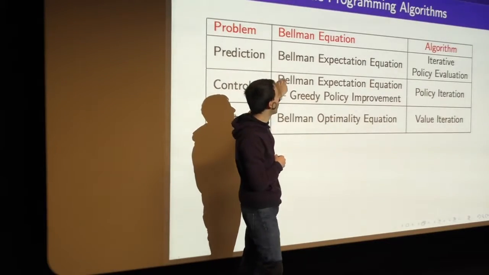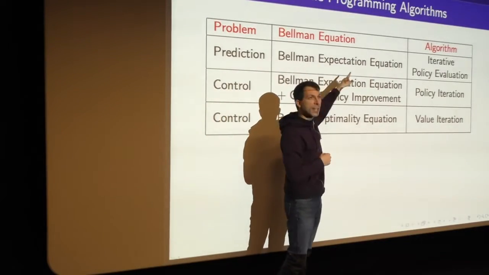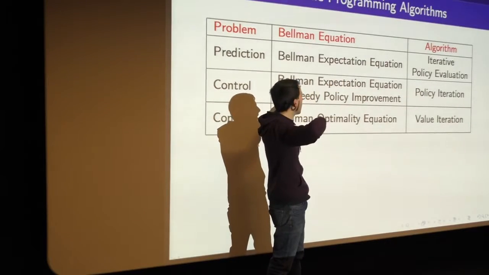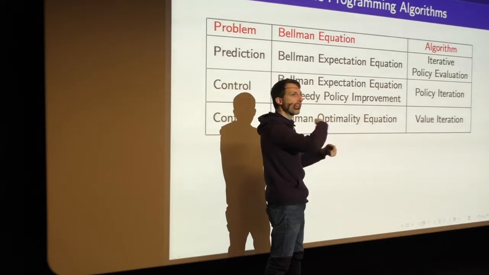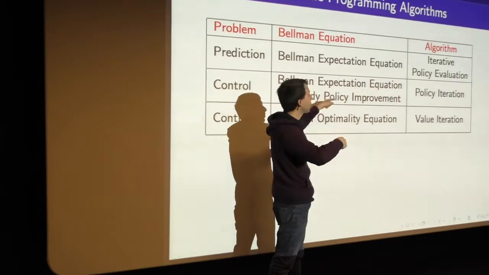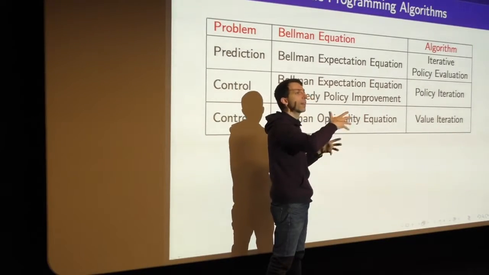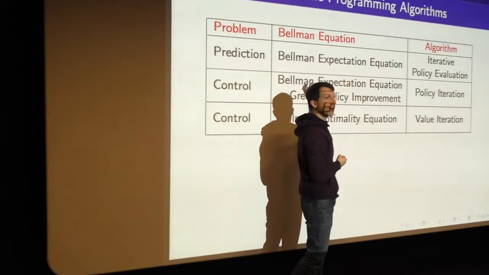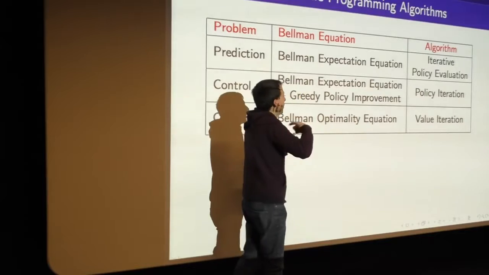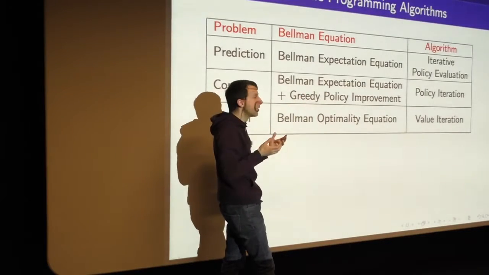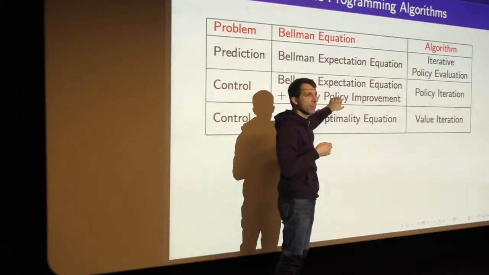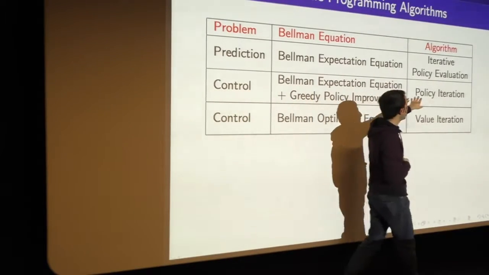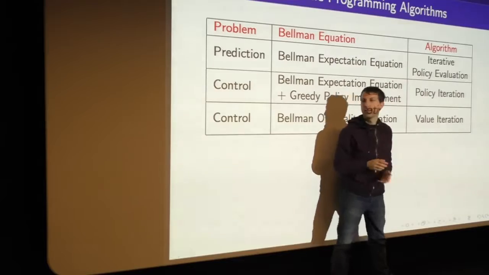The first approach was to again iterate over the Bellman expectation equation to evaluate your policy, but then to alternate that process of evaluation with a process of policy improvement. That was the idea of policy iteration: we first use the Bellman expectation equation to solve for our V pi, and then we act greedily with respect to V pi to give us a new pi. And we alternated that process, and that gave us the policy iteration algorithm.